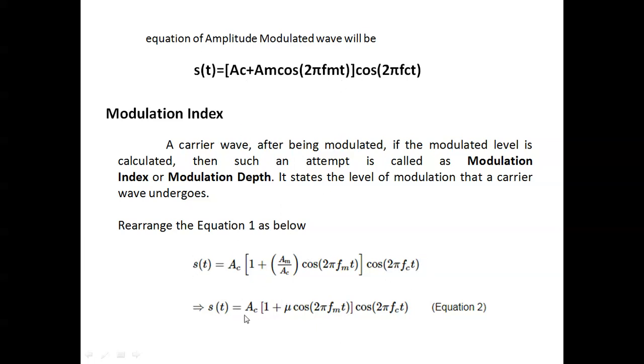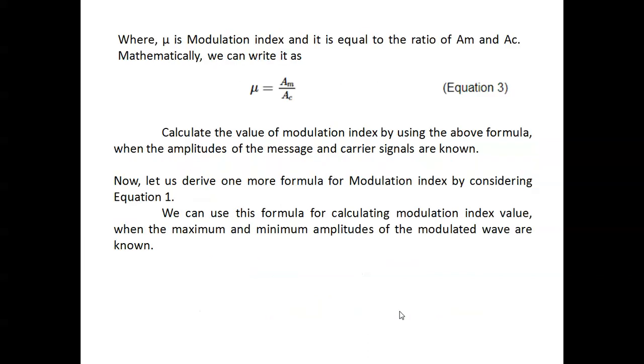Then s of t equals Ac times 1 plus Am over Ac, which we denote here as mu, so instead of Am over Ac we put mu: cos 2 pi fm t cos 2 pi fc t. We can call this equation 2, where mu is the modulation index. So modulation index is nothing but Am divided by Ac.